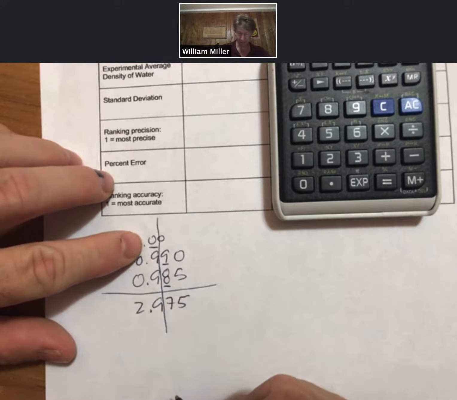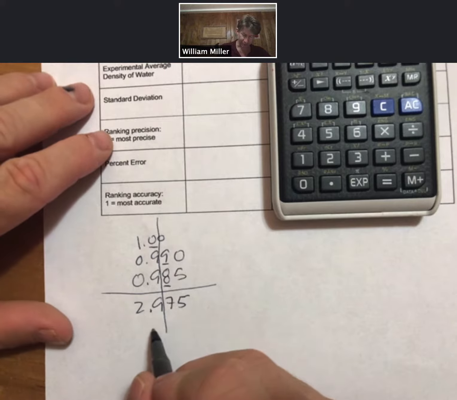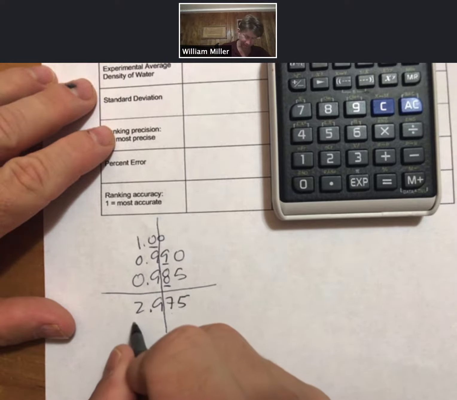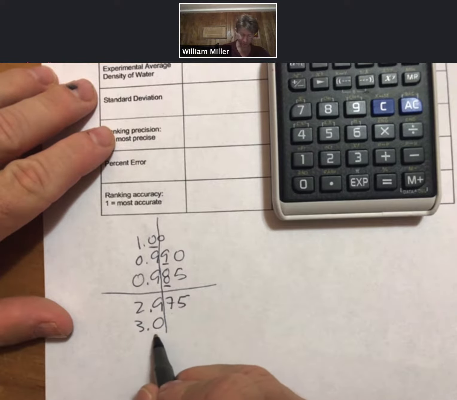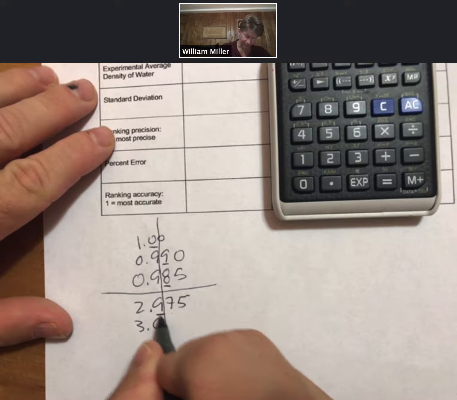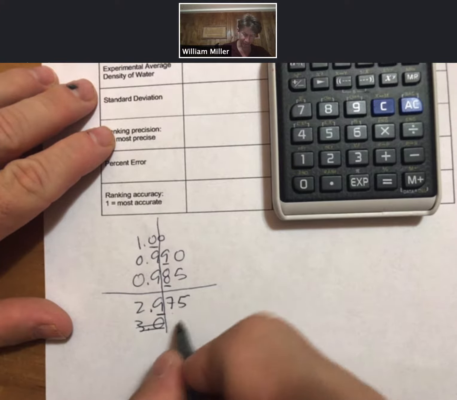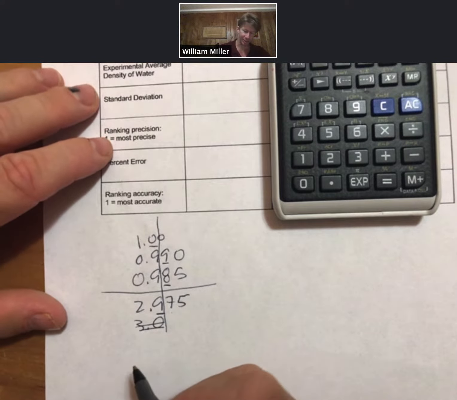We were just carrying this extra 0 anyway. And so our answer will be 2.975 rounded to 3.0 to 2 sig figs. Or what I would suggest is that we just carry 2.975 as our number with the second significant figure underlined.